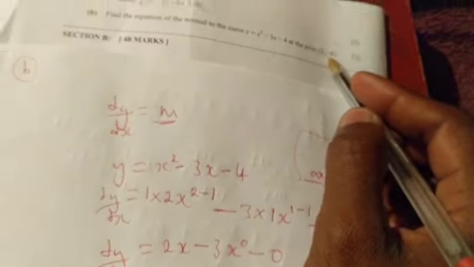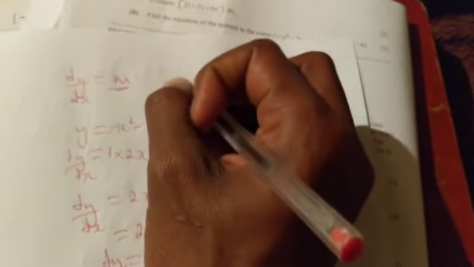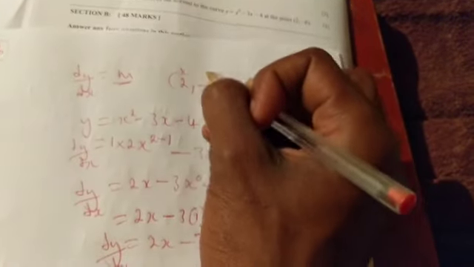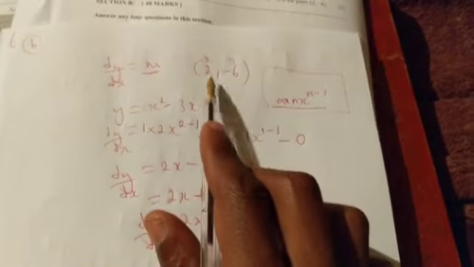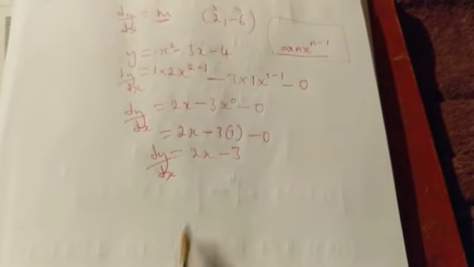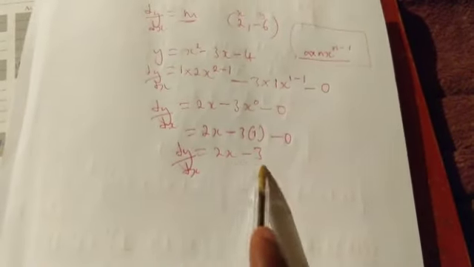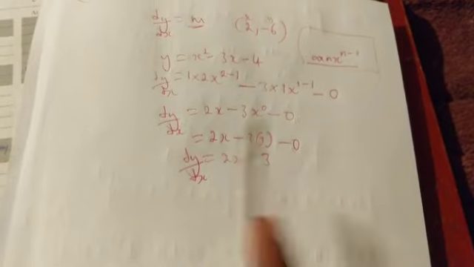So now we have been given the coordinates, which are 2, -6. This is the value of x and this is the value of y. Where there's x in the equation that we have found, we put 2.